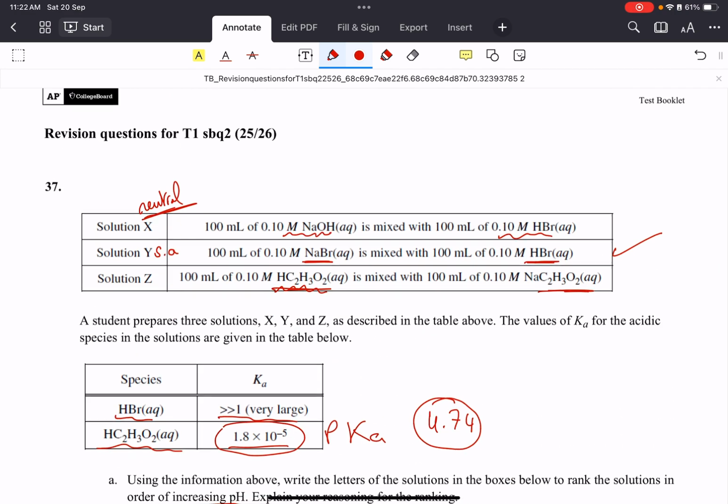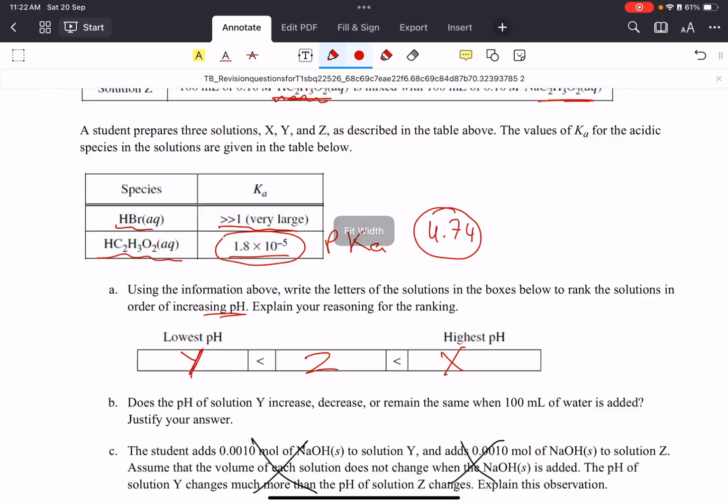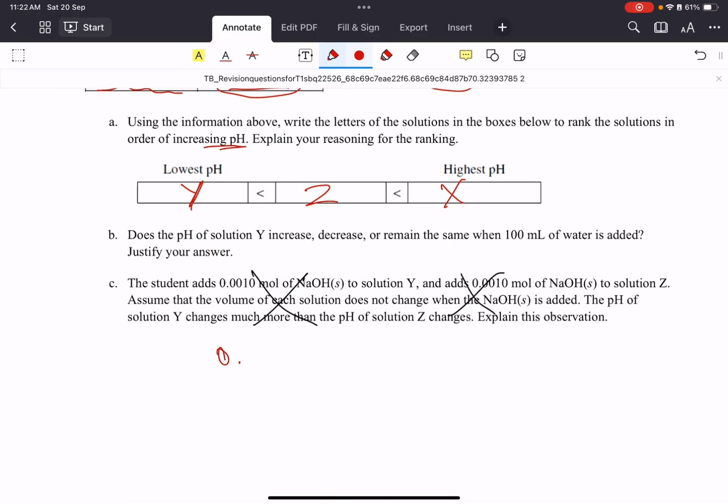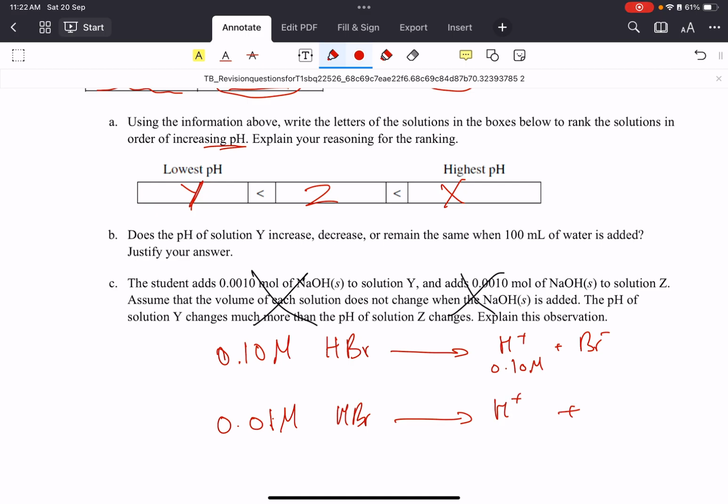I'm going to give it to you in numbers. If I have 0.10 molar of HBr, which is a strong acid, it's going to give me the exact amount of H+. If I have a diluted concentration of HBr, it is going to fully ionize, but it's going to give me less H+.